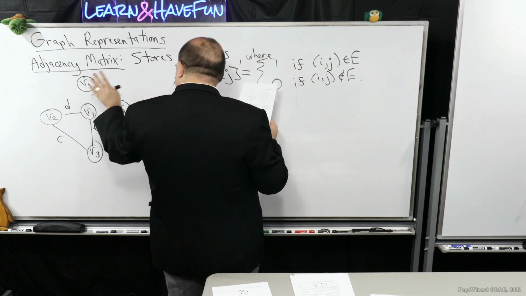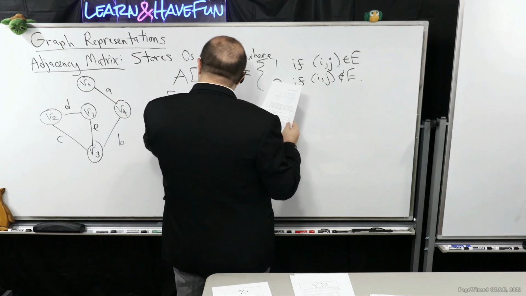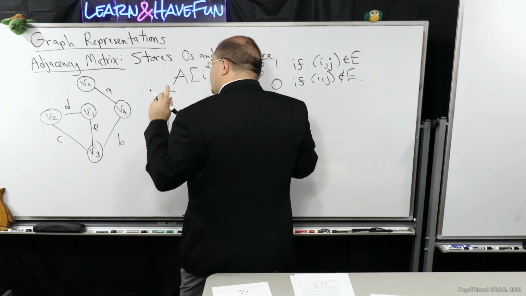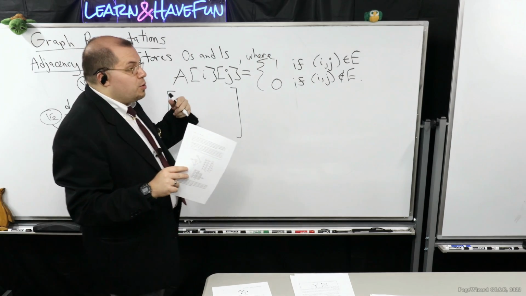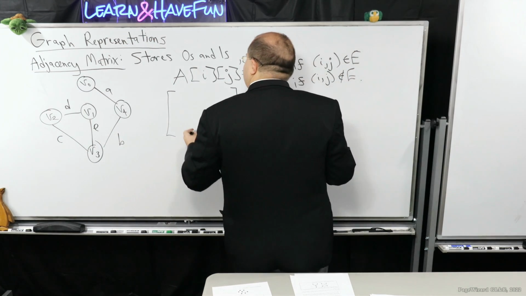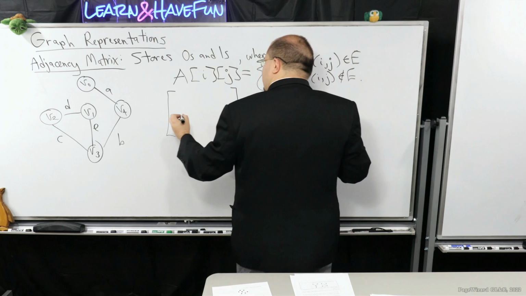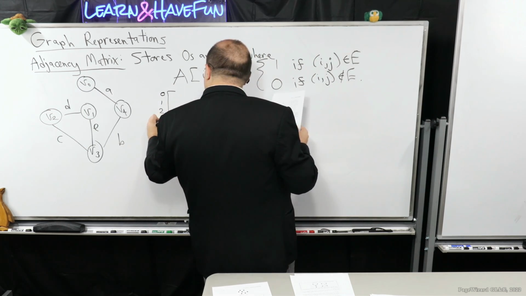So if we take a look at this, I'm going to presume with this representation that vertices are labeled 0 through n-1 if there are n vertices. So in our rows and columns, they'll start off at 0, 1, 2, 3, 4.